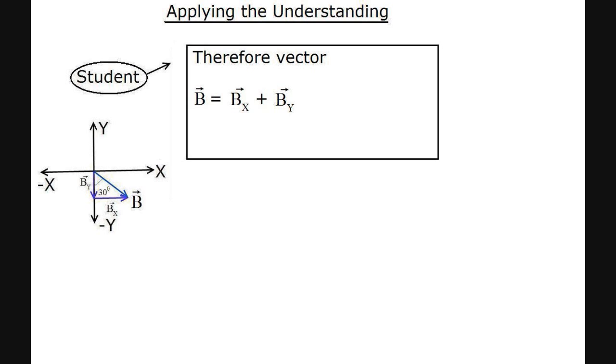Therefore, vector B bar is equal to Bx bar plus By bar, which is equal to 2 sin 30 times i hat minus 2 cos 30 times j hat.